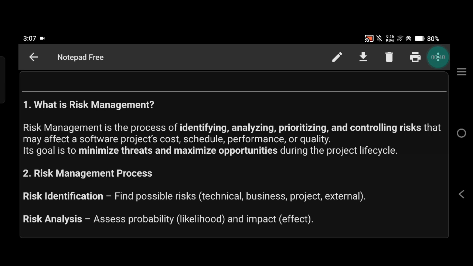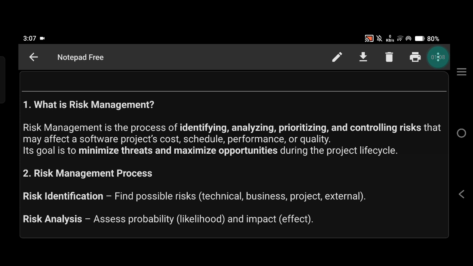See, risk management simply means identifying, analyzing, and handling risks that may affect a software project. A risk is something uncertain. It may or may not happen, but if it happens, it can impact project cost, schedule, performance, or quality.